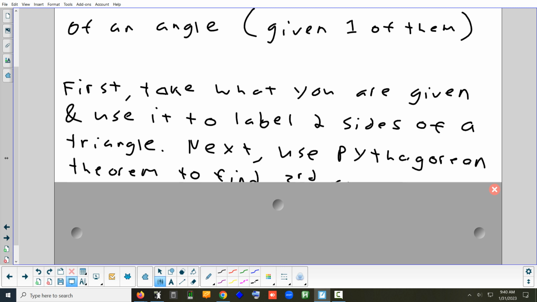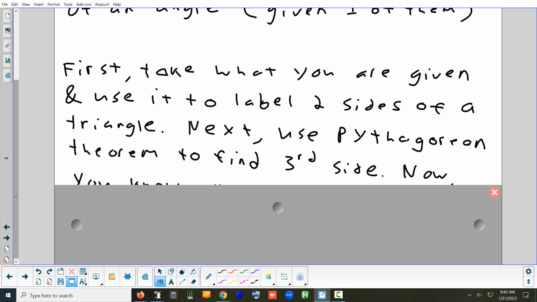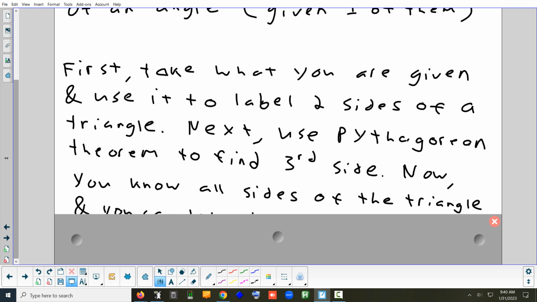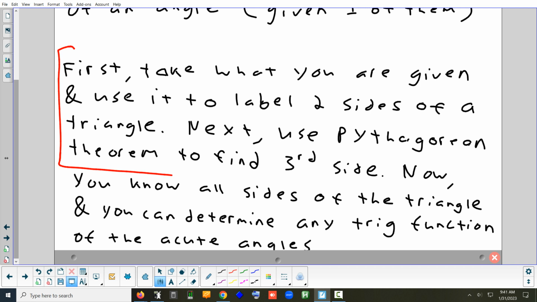Once you label those 2 sides, use the Pythagorean theorem to find the side that you don't know. Now you can figure out whatever you want once you know all the sides. So once you use Pythagorean theorem, you'll know every side, and you can determine any trig function you want. This is how you do it.